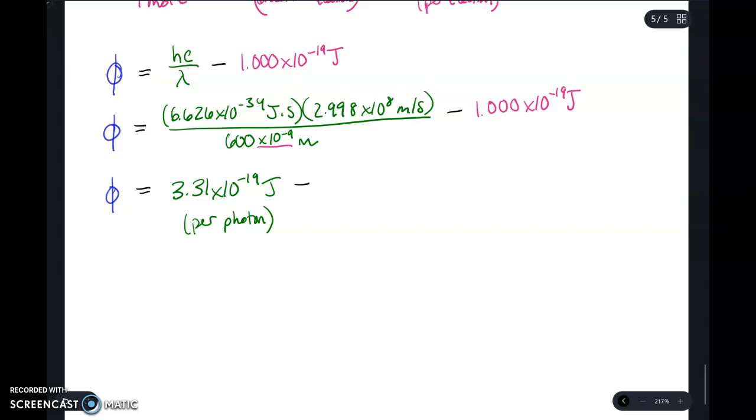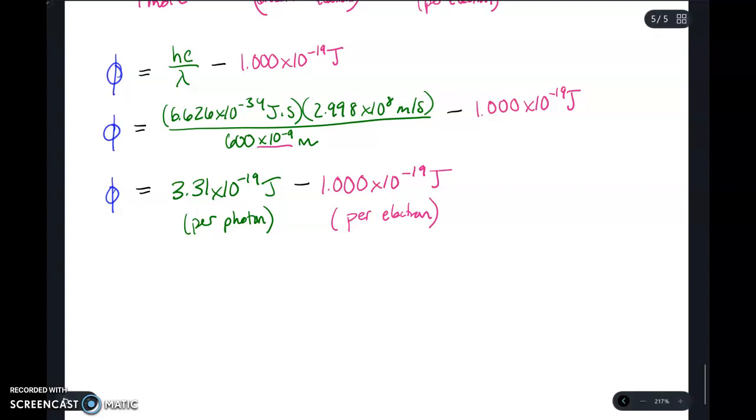And we're going to subtract from that the amount of energy that's left over when these photons get ejected, which is 1 times 10 to the negative 19th joules per electron, right?